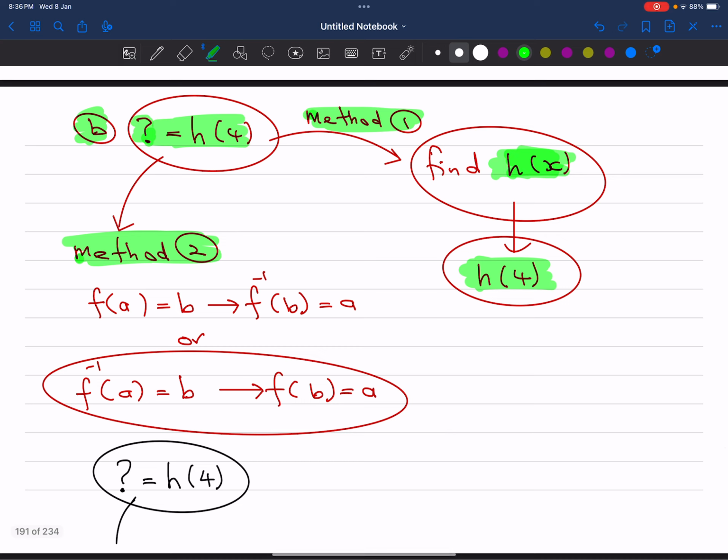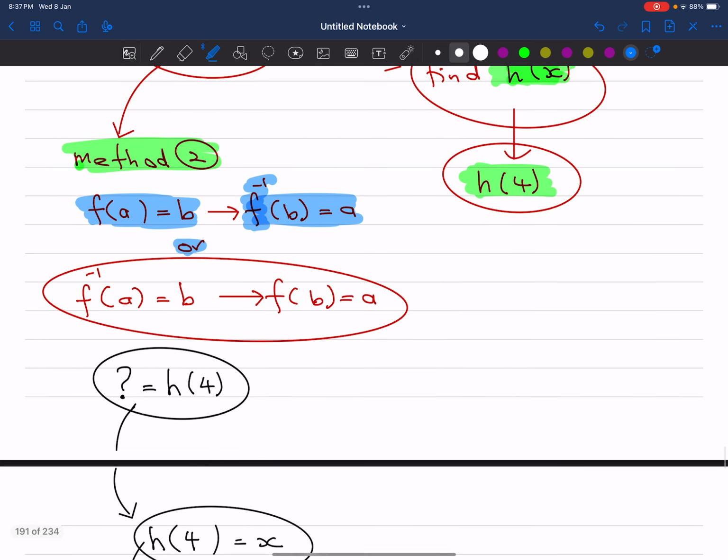If I am given f(a) equals b, a is the object, b is the image. If I exchange the object and image, the function f will become inverse. So f(a) equals b, I exchange object and image, f inverse b becomes a.